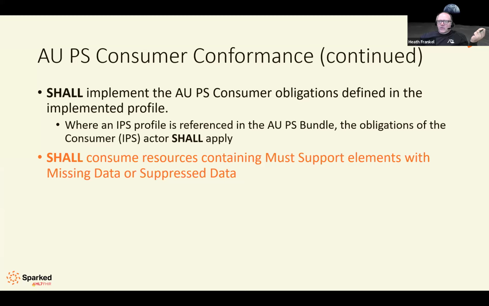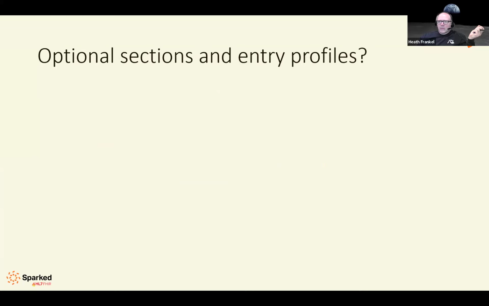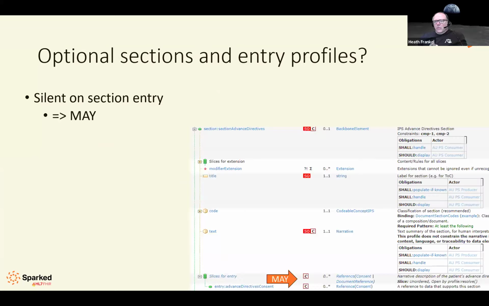So moving towards missing data and suppressed data. You shall consume resources containing must support elements with missing data or suppressed data. And what about optional sections? At the moment we are silent on obligations for optional sections.